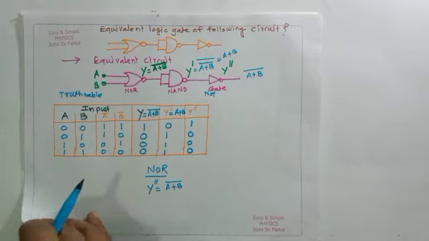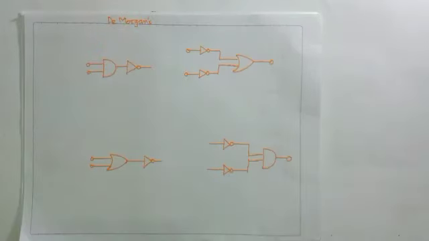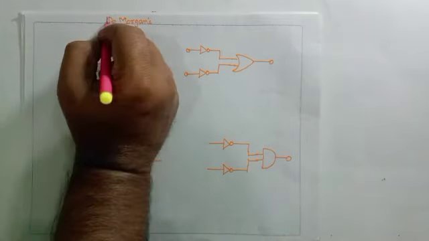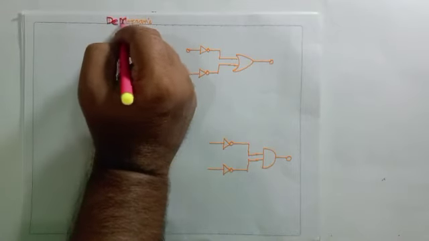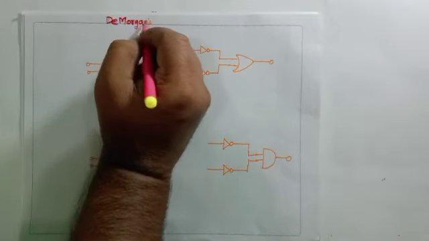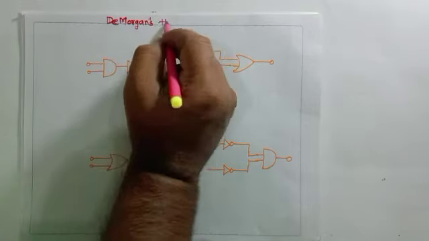Again we can see another numerical. But before seeing the numerical, we have seen the law or the theorem. That theorem is De Morgan's theorem.